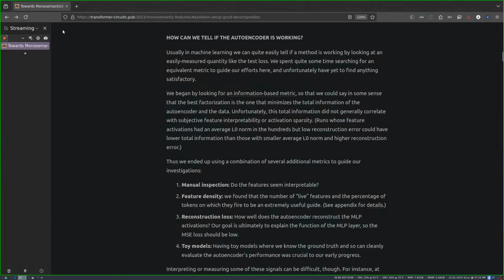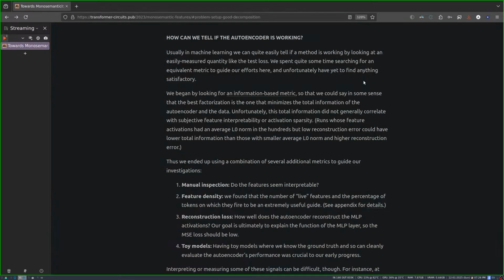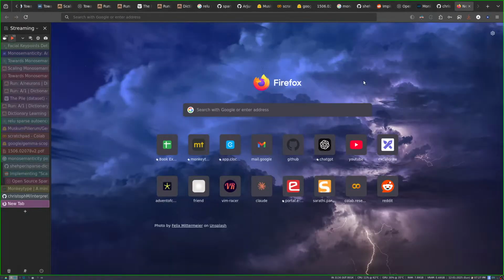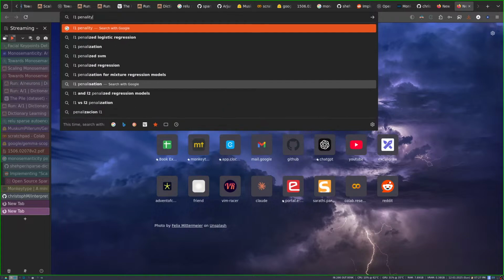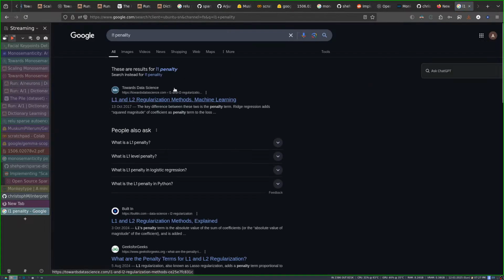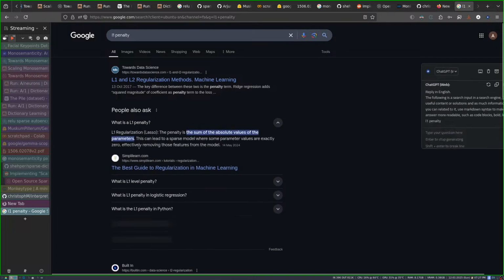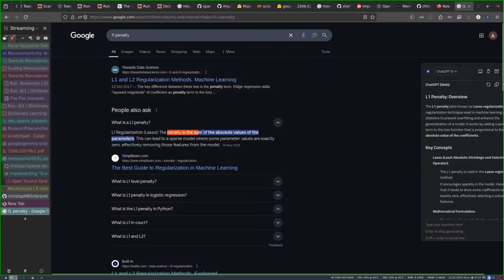What is L1 penalty? The L1 penalty is the sum of absolute values.